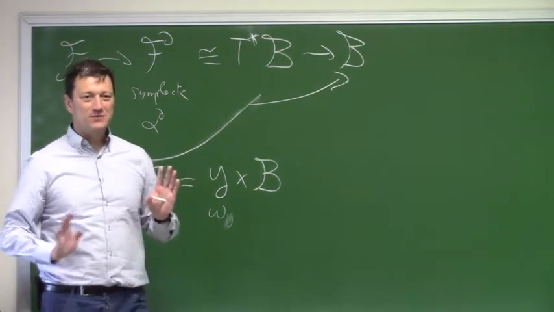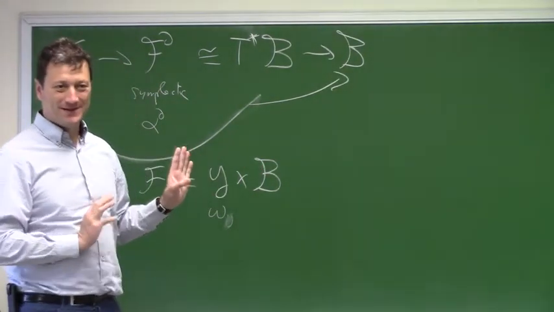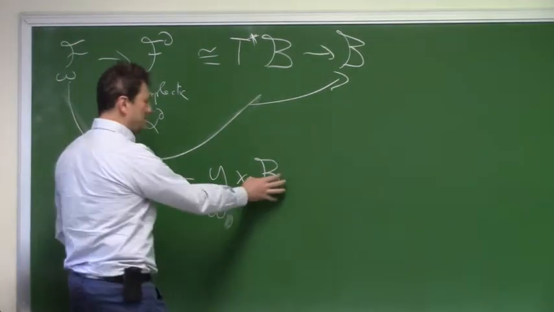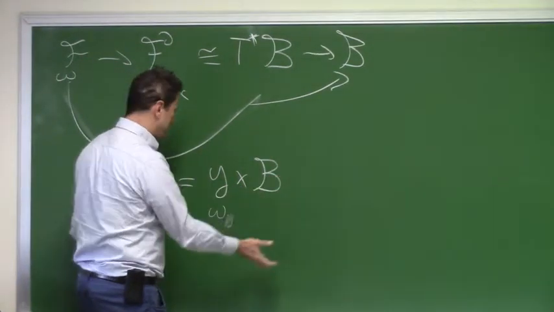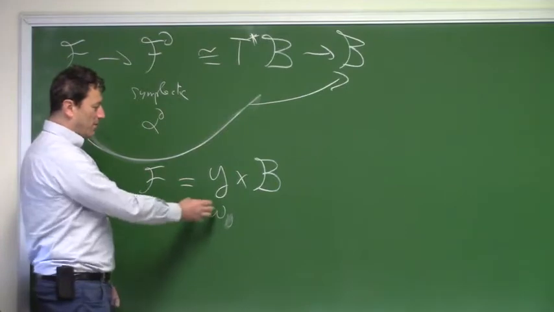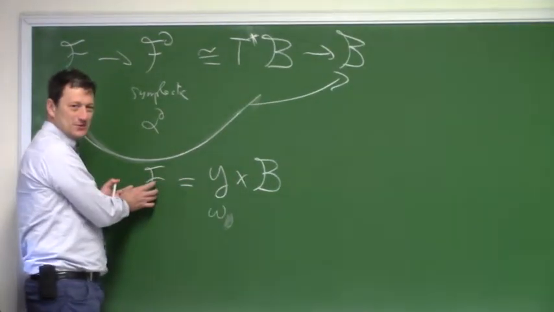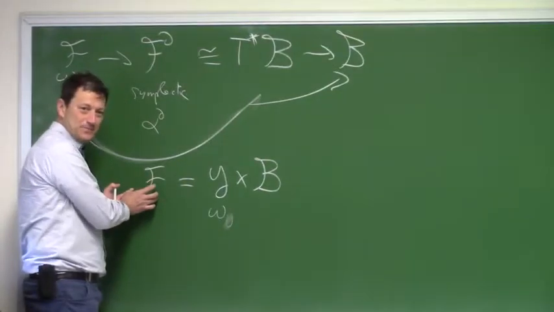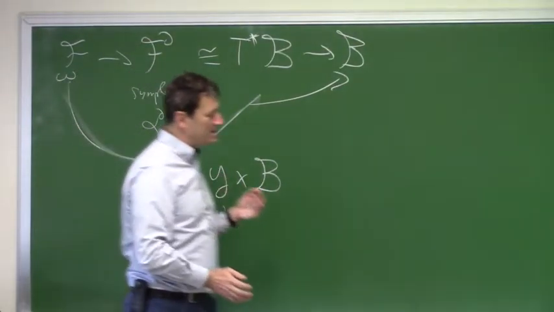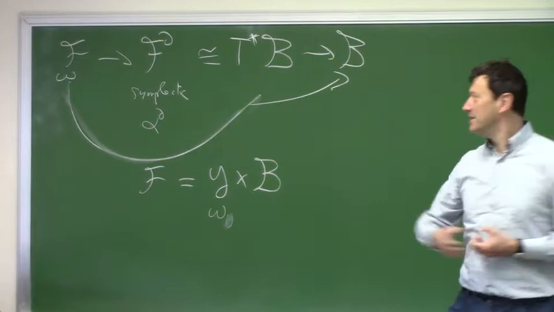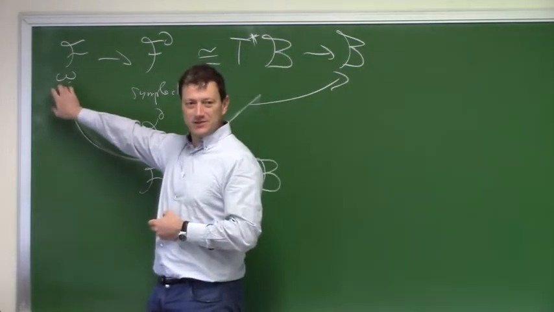Now, if you think in terms of degeneracy, there is something weird here. Unless B is zero-dimensional, you may say that you want omega to be non-degenerate here, but then it will necessarily be degenerate here. So actually, this is the case. That's why I also dropped the condition that this omega should be non-degenerate.